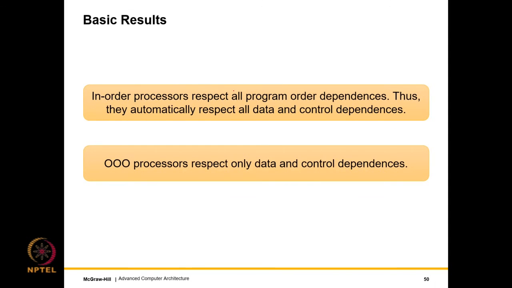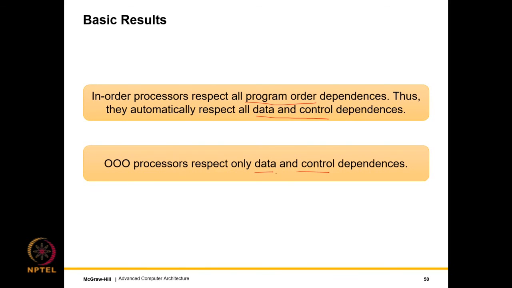So some basic results: in-order processors respect all program order dependencies, in the sense they execute instructions in program order. So this means that they respect all data and control dependencies, whereas out of order processors will only respect data and control dependencies.